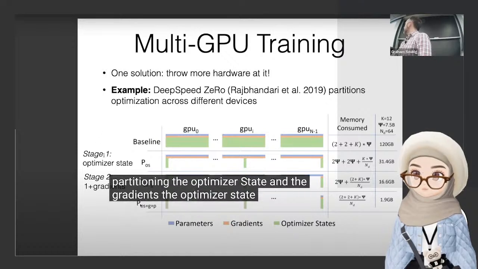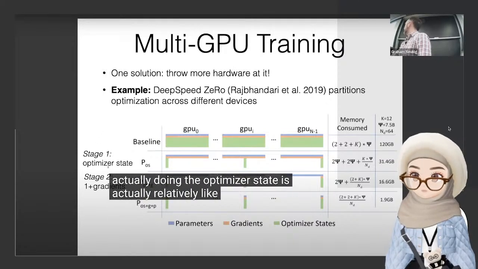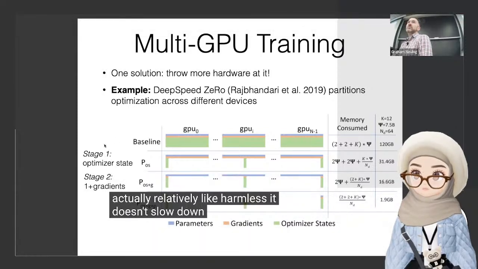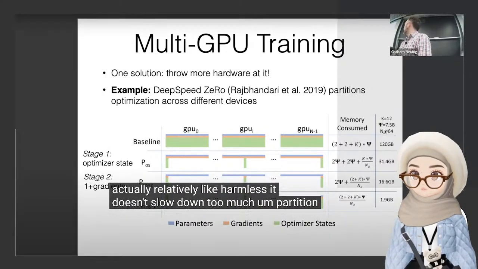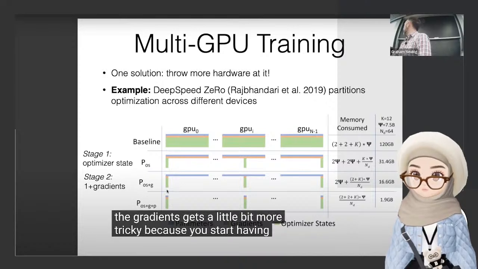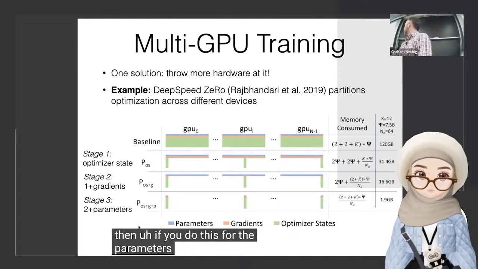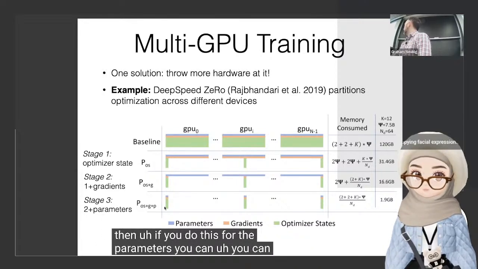Doing the optimizer state is actually relatively harmless. It doesn't slow down too much. Partitioning the gradients gets a little bit more tricky because you start having to move things between devices a lot. And if you do this for the parameters, you can do even more.